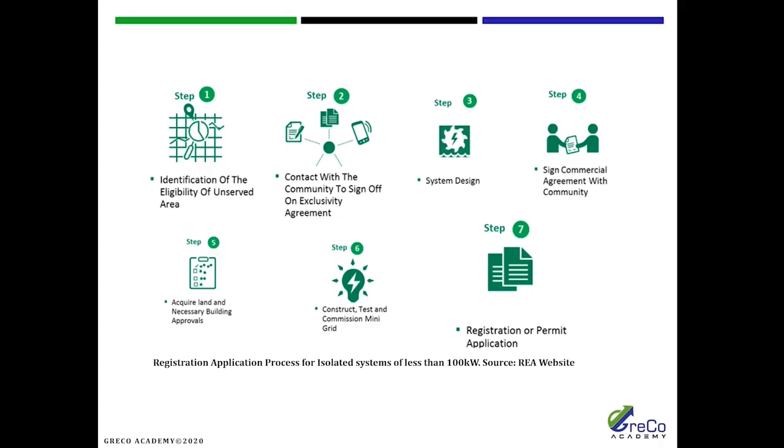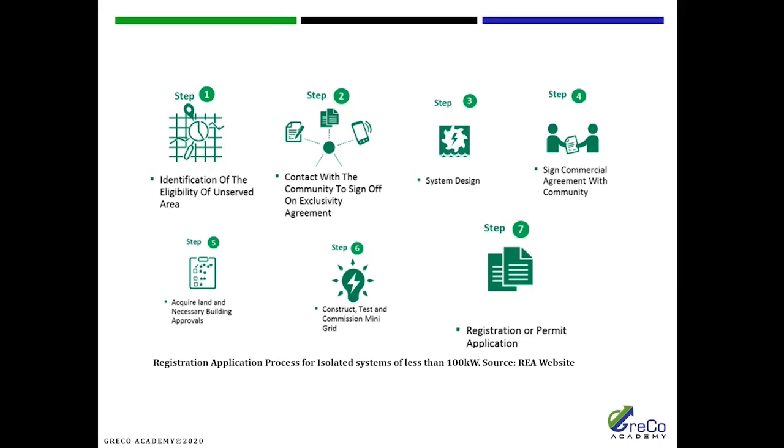The fifth step is that the developer goes ahead to carry out his or her system design, after which the signed commercial agreements with the community and the DISCO take them next to acquiring land for necessary building approval.